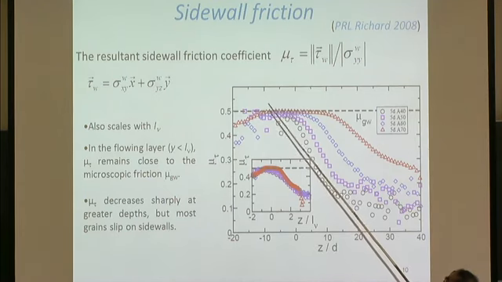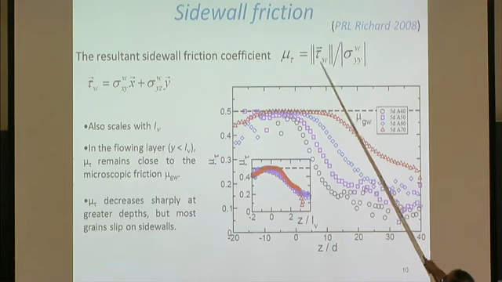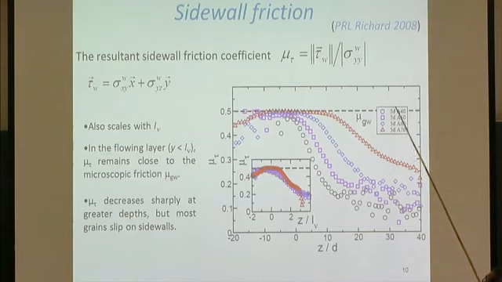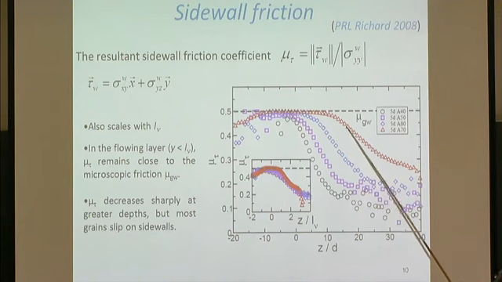We looked at the resultant sidewall friction coefficient. That means the shear stress on the sidewalls divided by the pressure on the sidewall. Here it's for a given value of the width and different angles. You have here the variation of the local friction on the wall.